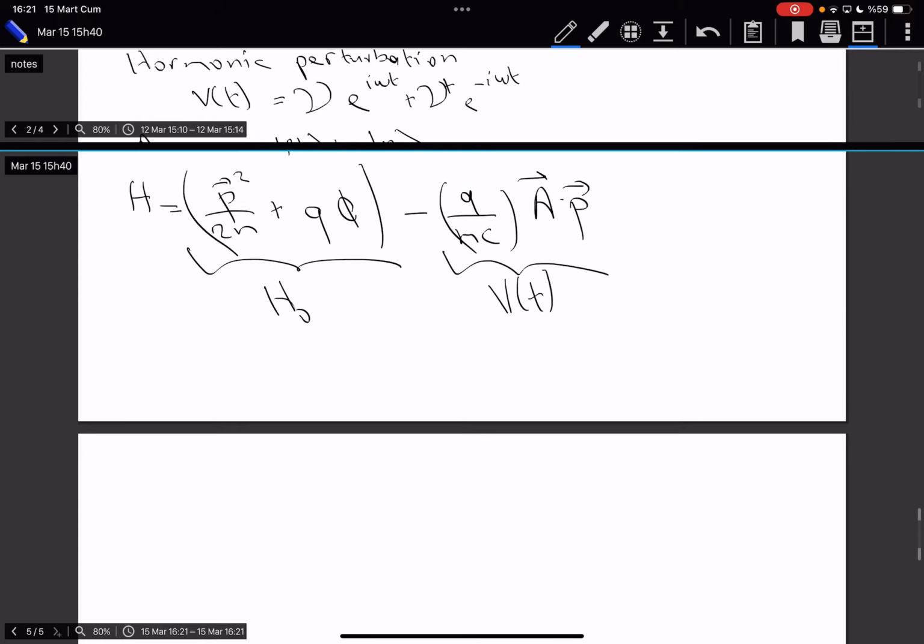Now that V of t, or let's say A, we can take just the plane wave or the cosine wave. Let me use the notation in the book.